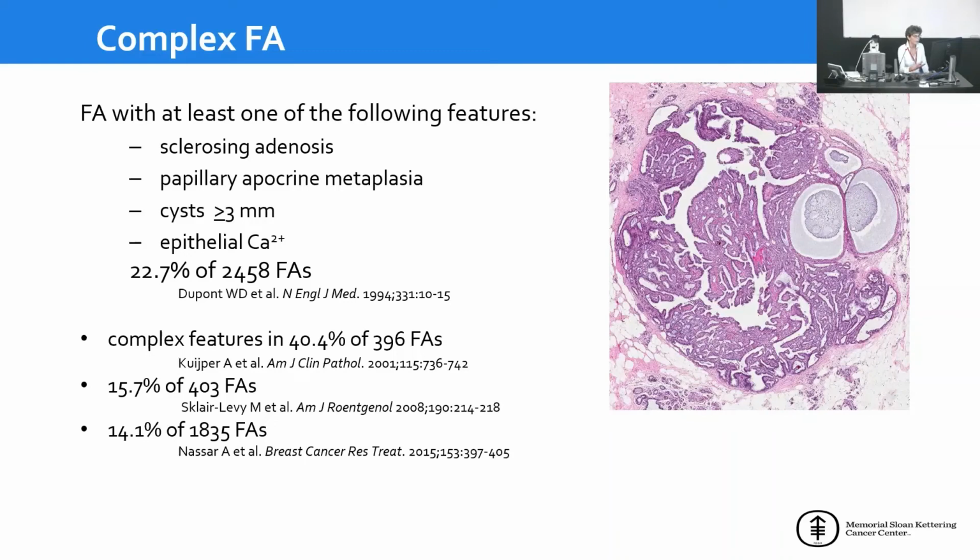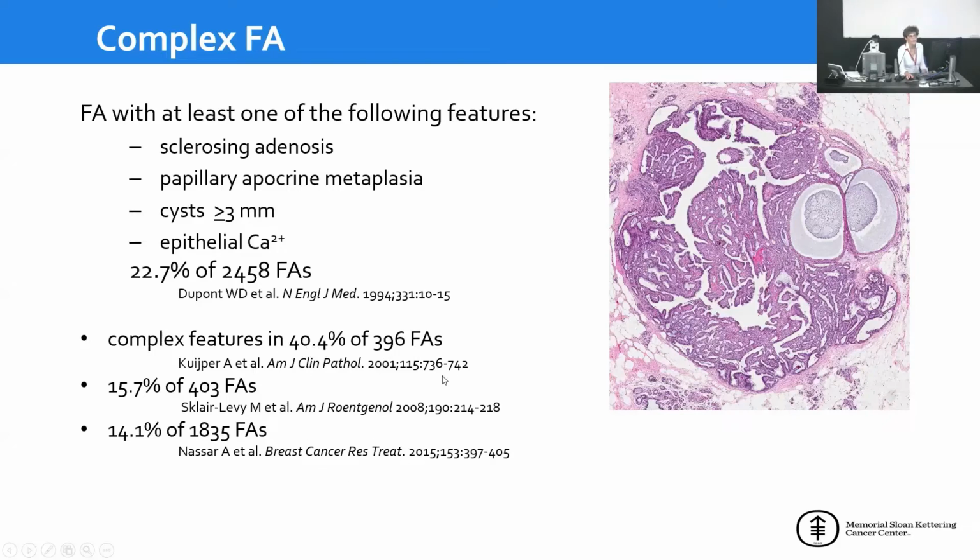The real incidence of complex fibroadenoma is probably much lower. Two studies have found complex fibroadenoma in 15 to 16% of their cases. And complex features in a study from the Netherlands were identified in 40% of nearly 400 cases.